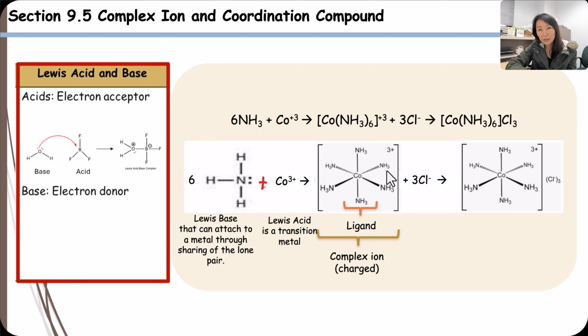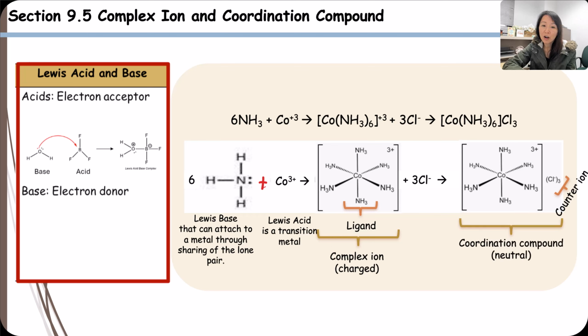Let's say I wanted to neutralize this complex ion by adding in 3 chlorine. The 3 chlorine will neutralize the 3 positive, and now this is considered to be a counter ion. A counter ion is outside of the bracket, as you can see over here and over here, meaning that they're not participating in any sharing of electrons or covalent bonding.